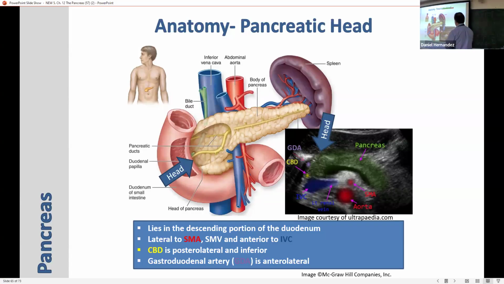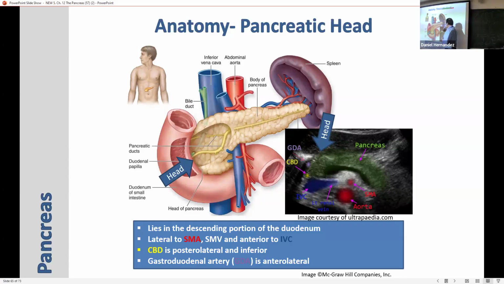So again, the pancreatic head lies in that C loop of the duodenum. It's lateral to the SMA and SMV, anterior in front of the IVC. The common bile duct is posterolateral, and the gastroduodenal artery is anterolateral.